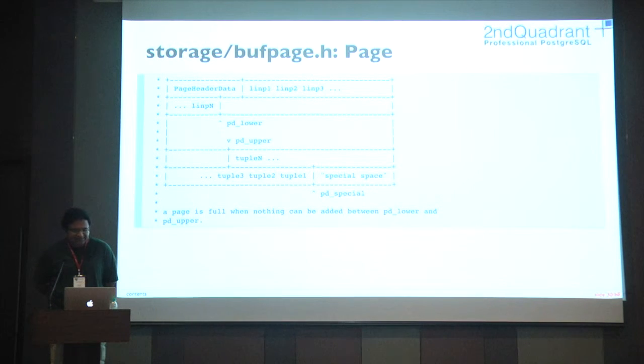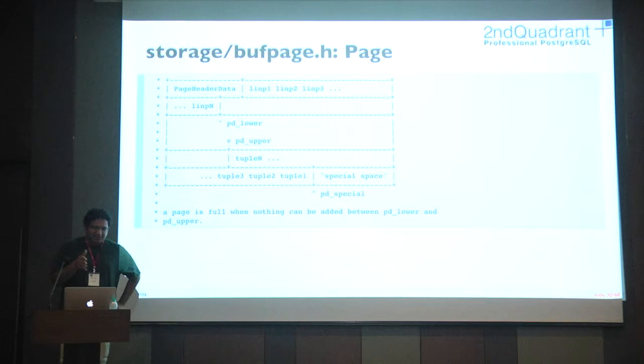It's essentially the same diagram that I had earlier: a fixed size line pointer array, and variable sized tuples stacked up from the end of each page. And as the comment says, a page is full when there's no space between pd_lower and pd_upper on the page to store another line pointer or tuple, or the pair thereof.